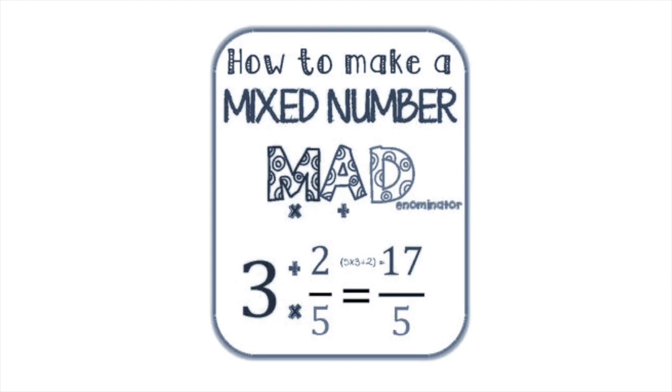You just multiply the denominator, or the size of the fraction, or how many pieces are in that fraction, times the whole number, and you add the numerator to it. So in this example, 5 times 3 is 15, plus 2 more is 17. So you have 17/5. The denominator stays the same because we still have those size pieces.